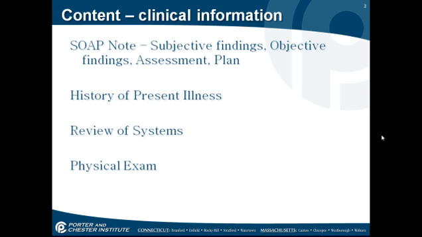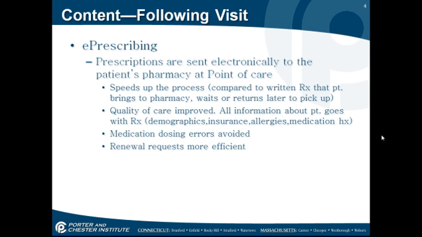The assessment is done by the physician during the review of systems or the exam, and the plan will be written up based on what this physician finds in their assessment. So again, it's going to include our history of present illness, that is, what the patient feels is going on and what they have to give us for information. Our objective findings will fit in there. Then the review of systems by the physician, and a physical exam if that is warranted.